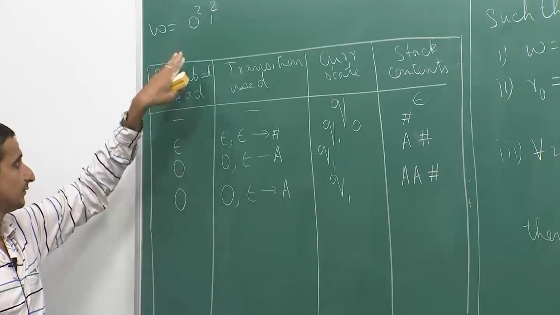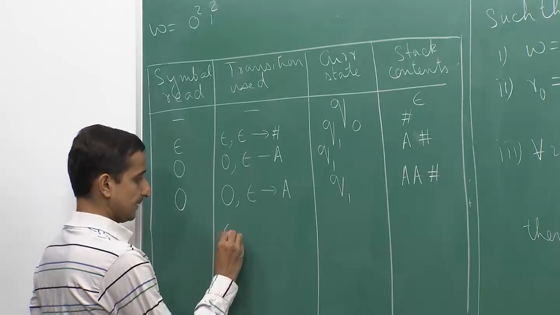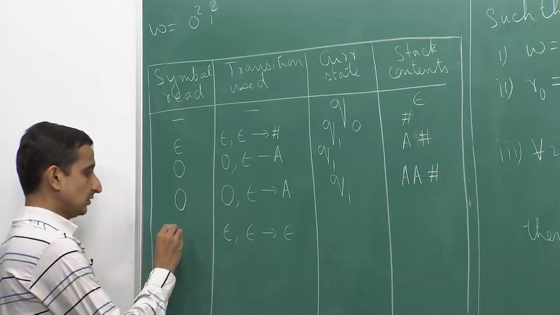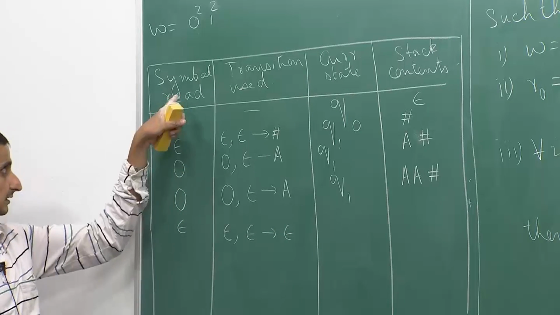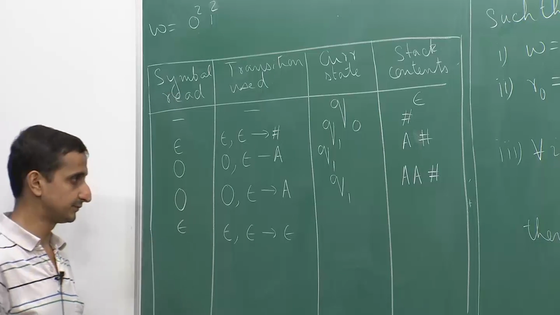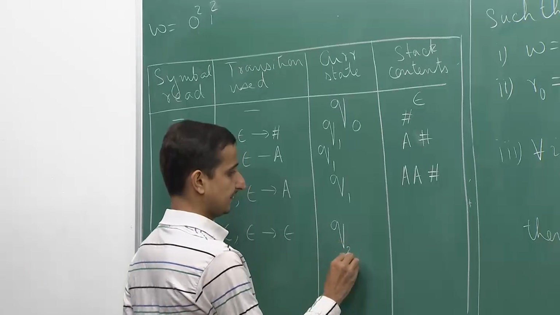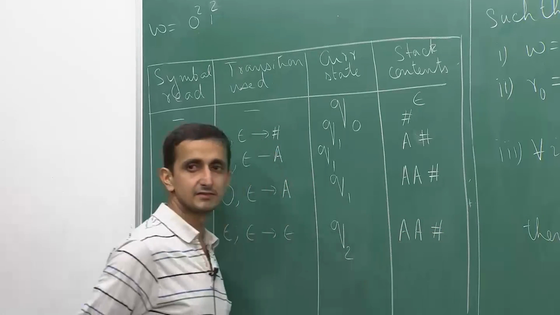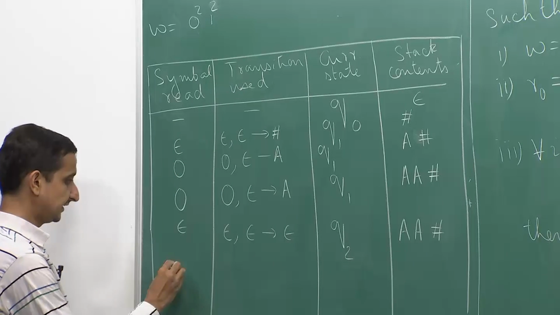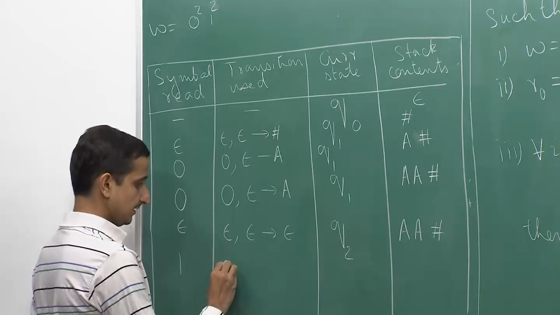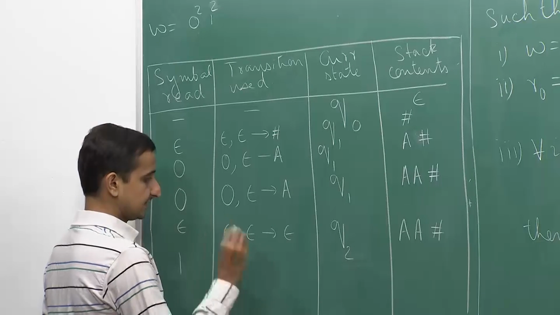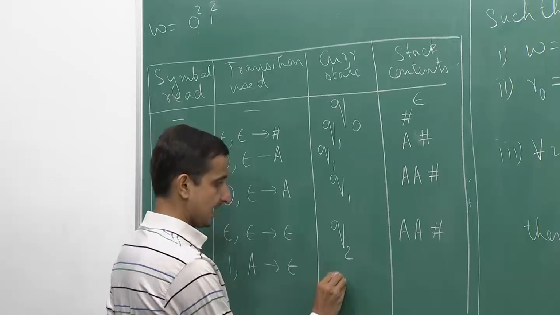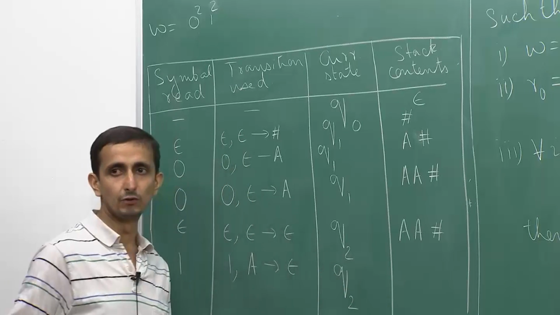Now we will use the transition epsilon comma epsilon going to epsilon. We will not read any input bit, so the symbol read will be epsilon. It moves to state Q2, and the stack remains unchanged. In the next step, it sees 1, and it uses the transition 1 A to epsilon, which means that it is popping off A, and it stays at state Q2.